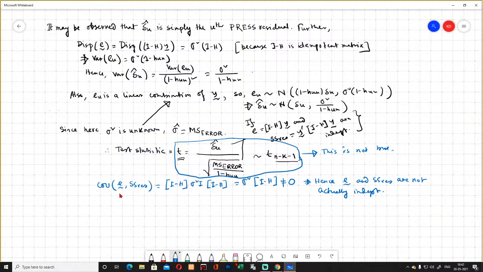So for this we recall what I already developed, S_i square. Yes, Shubhajit, MSE is calculated including the ith observation, not excluding the ith observation.